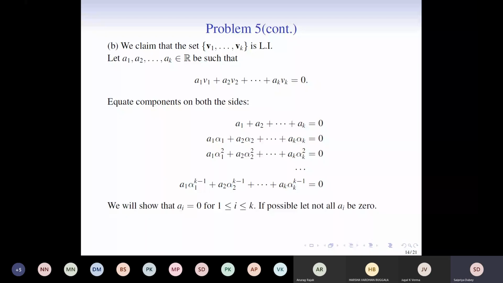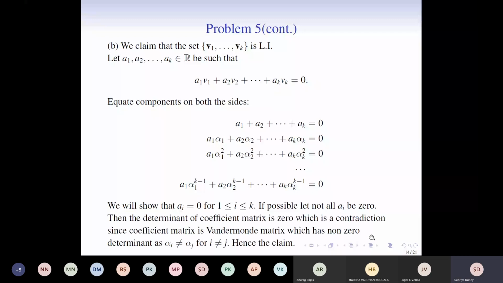If possible, let not all ai's be equal to 0. Then it gives a condition on the coefficient matrix, as we saw in the previous part. It gives the condition that the determinant of the coefficient matrix is equal to 0, which is a contradiction. Why is it a contradiction? We have seen in tutorial 2 the determinant of the Vandermonde matrix.